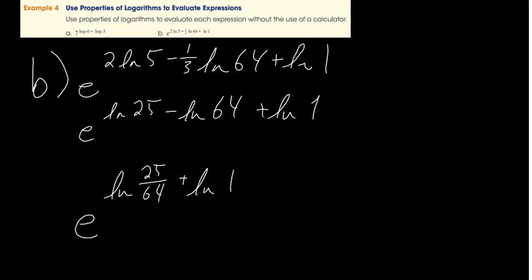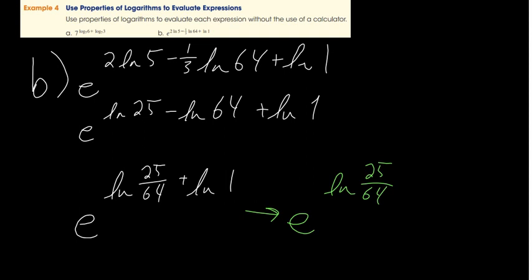Well, if you put the natural log of 1 into your calculator, you should get 0. So this is going to be 0. Okay, so since that is 0, then my final solution is going to end up being e to the natural log of 25 over 64. And I don't think we can do anything with that.